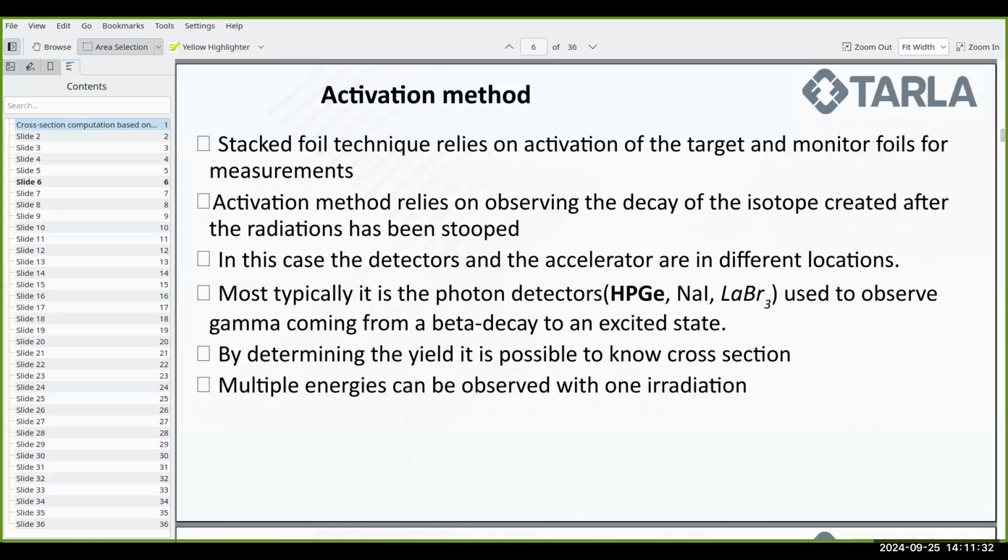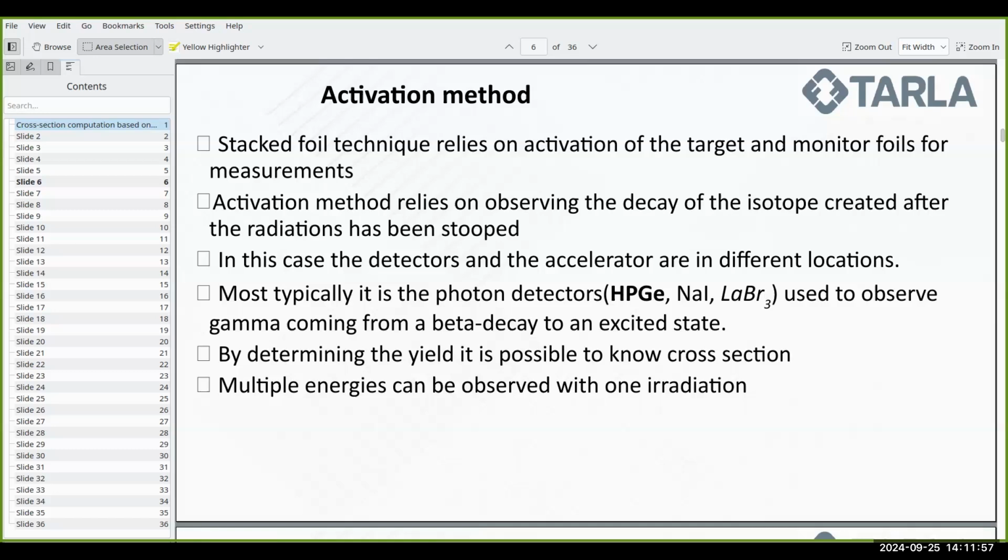Even though their energy resolution is not the best, if you pick your reactions carefully and pick a situation where the peak is clearly visible, you can think of cesium-137, which has effectively only one peak, and it's then easy to work even with a poor resolution detector like sodium iodide.